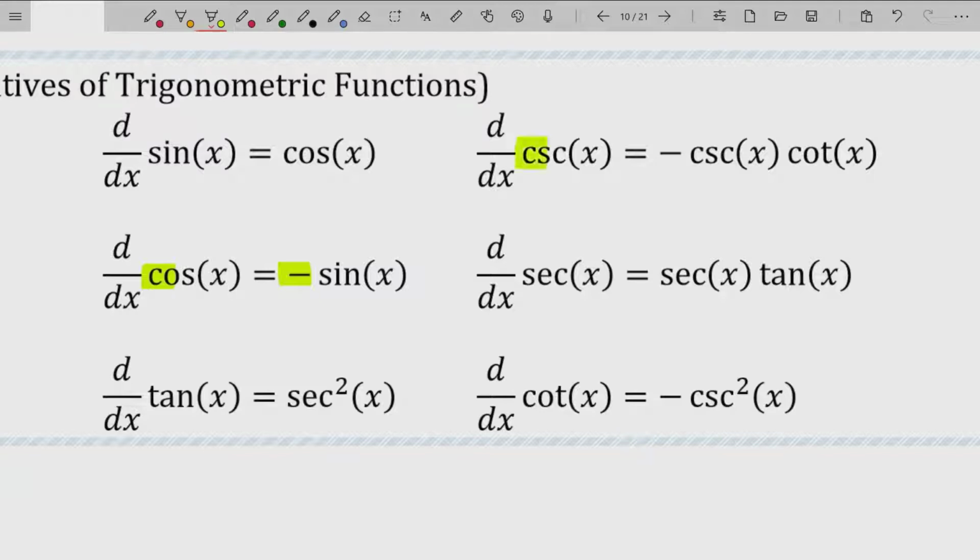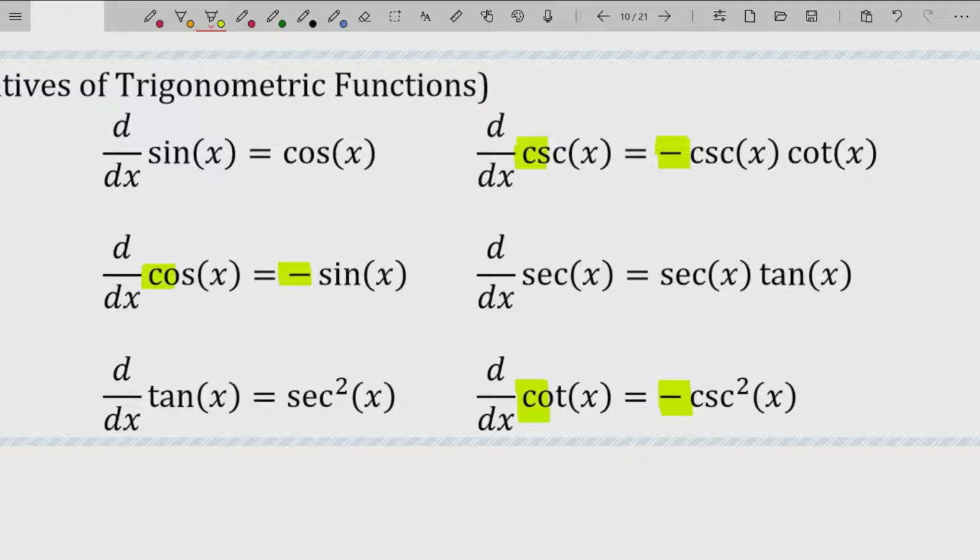Derivative of the cosecant is the opposite of the cosecant cotangent. Derivative of the cotangent is the negative, or the opposite, of cosecant squared. Actually, in that case, it would be negative. So that's one of the patterns I want you to see: when you take the derivative of a co-function, your derivative will have a negative sign in front of it.